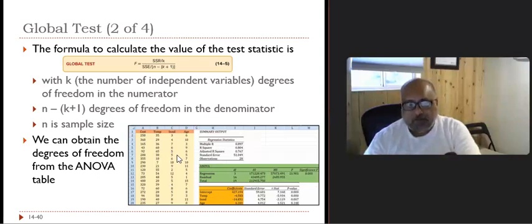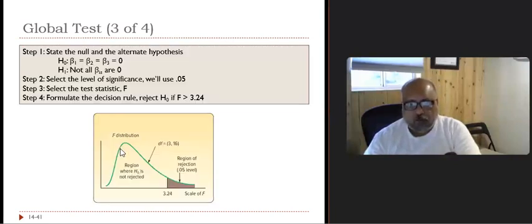Once we have that, we can set up our hypothesis. Step one: the null hypothesis is that all betas are zero, and the alternative hypothesis is that not all of them are zero. For the level of significance we again use 0.05, and we use an F test statistic.